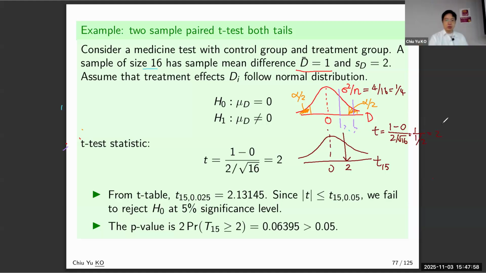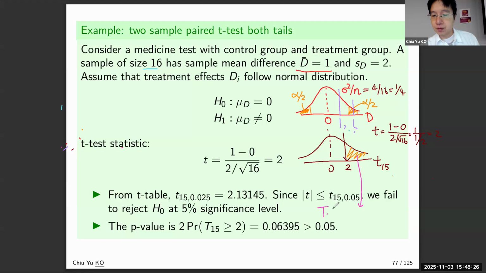Okay. So we do the two-tailed test. That means this area and this area, I multiply by 2 and compare to alpha, which is 5%. How can we calculate this area? I think you know very well, but I just bore you to death.